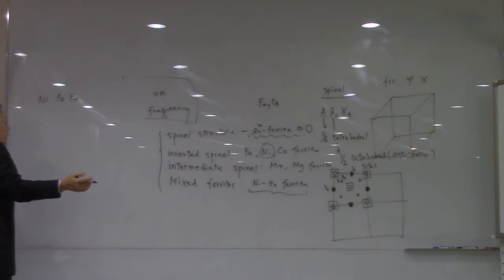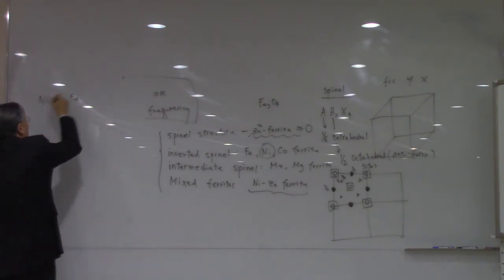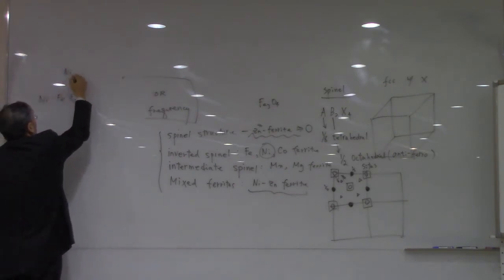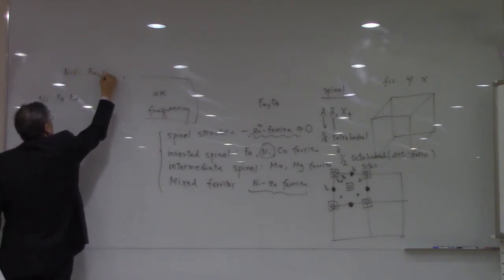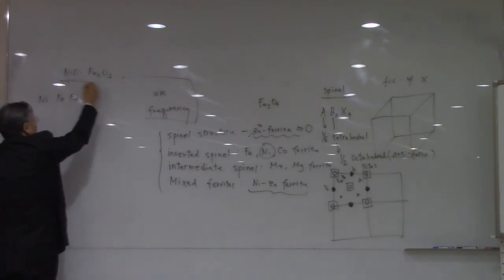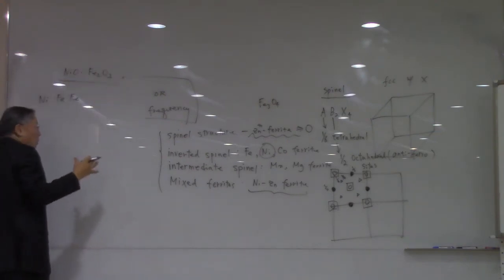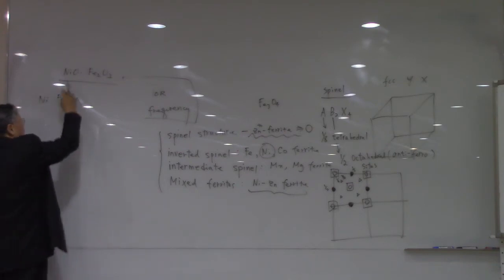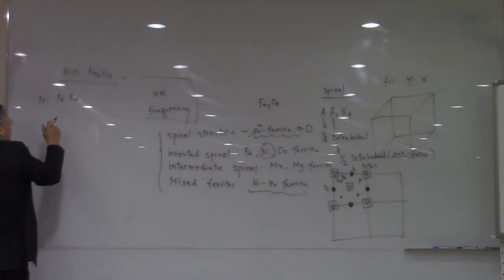The oxygen is not going to do anything, so the formula is actually Fe2O3, something like that. It can be written something like this. Okay, it forms the crystal structure with this chemical formula.